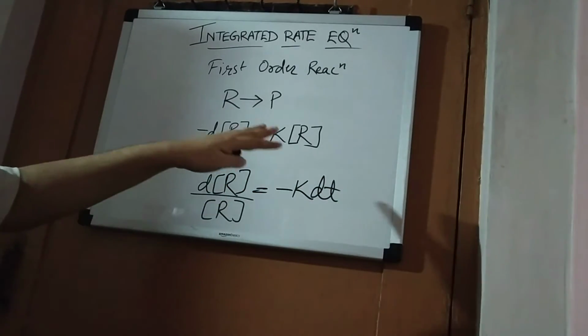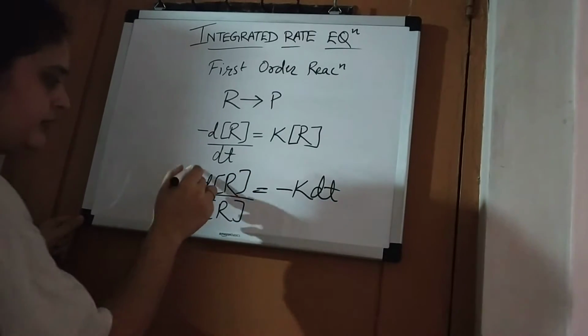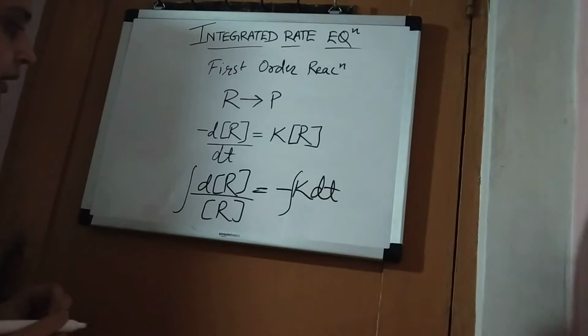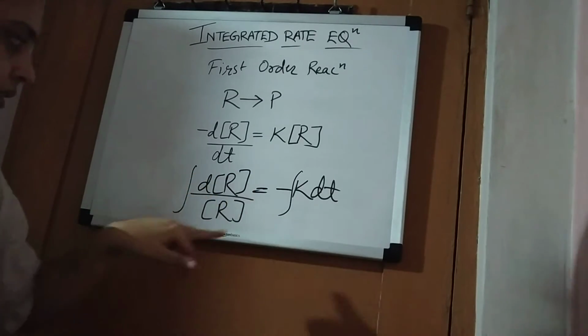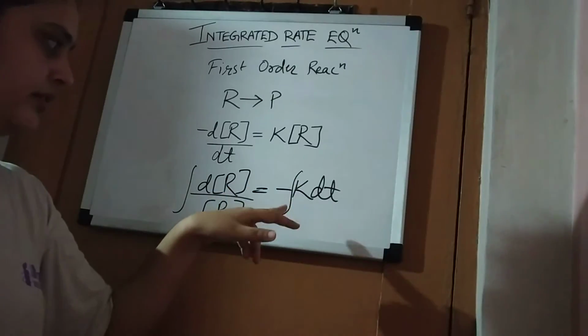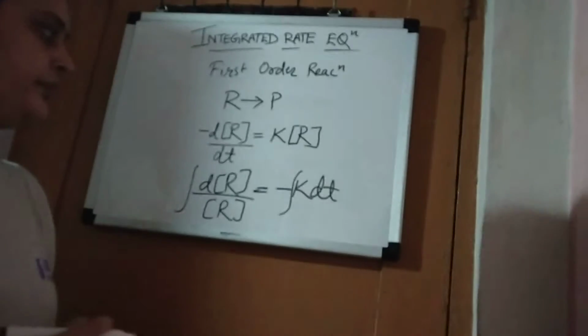We have just rearranged the terms. Now we will integrate both sides. So what will we get? After integrating this term we will get ln R, and after integrating this term we will get minus kt plus I, right?